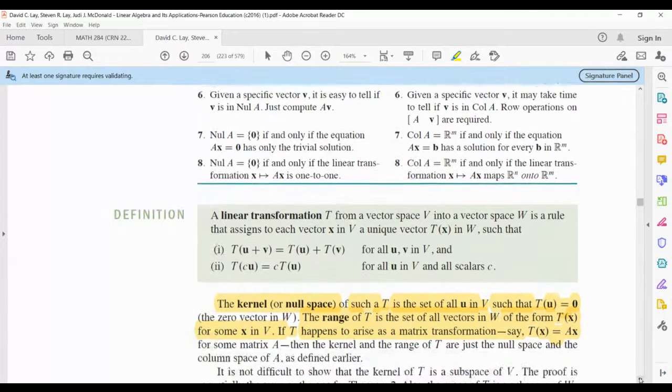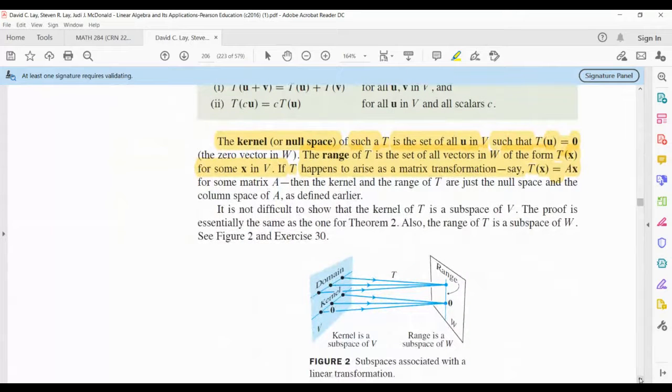They have another nice little diagram here, figure 2, showing a vector space V on the left and another vector space W on the right. The transformation takes vectors from the domain and puts them in the range. The kernel of the transformation is equivalent to the vectors in the null space.